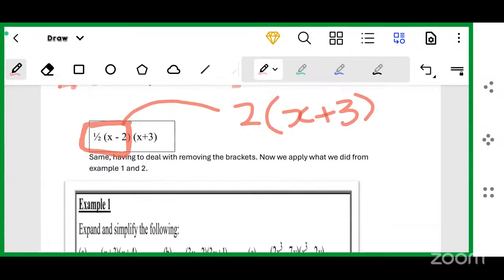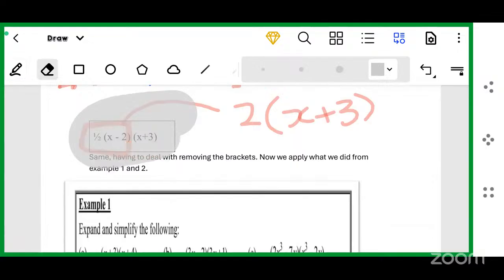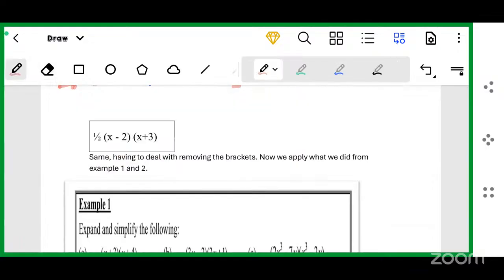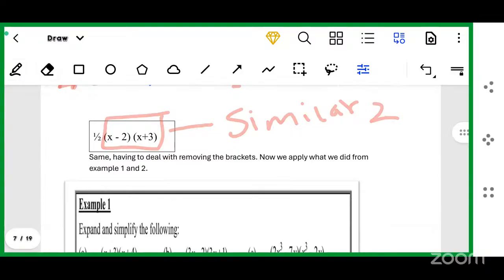Yes. Perfect. And now we have the one that we just did. It's similar to example 2. Do you remember it?